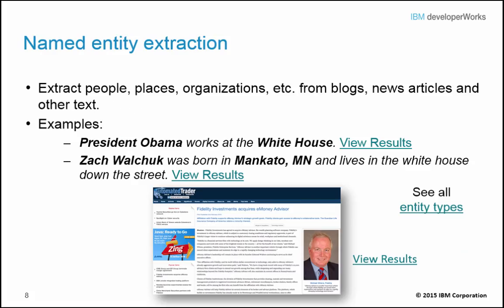Named Entity Extraction API can extract people, places, and organizations from blogs and news articles. To see all the named entities, click on View Results for the text and news articles shared here.